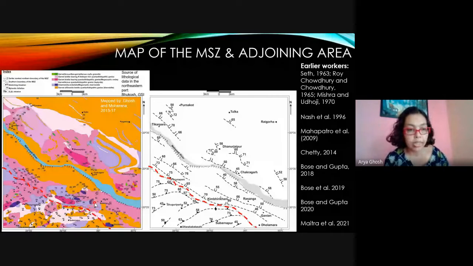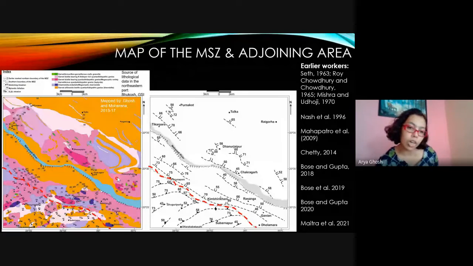Sometimes there is more alkali feldspar, sometimes more plagioclase feldspar, and sometimes biotite, sometimes biotite and amphibole both are there. Varieties of charnockite and quartzofeldspathic gneisses are also common in these areas.